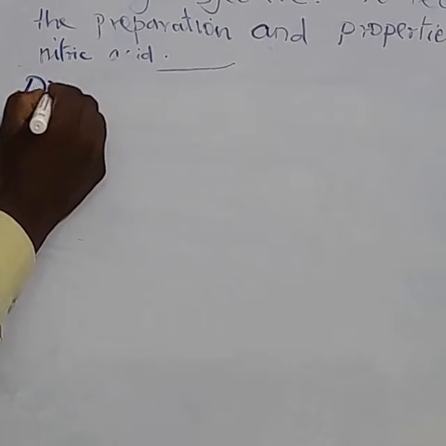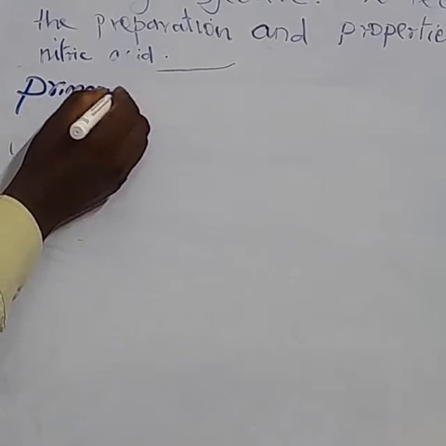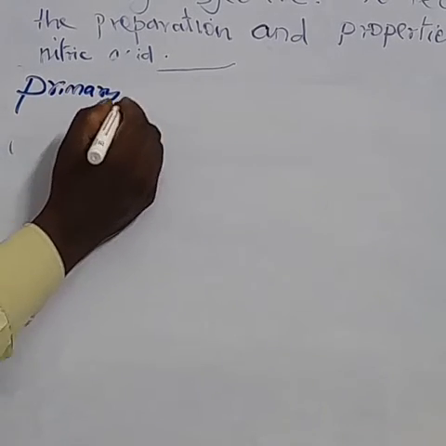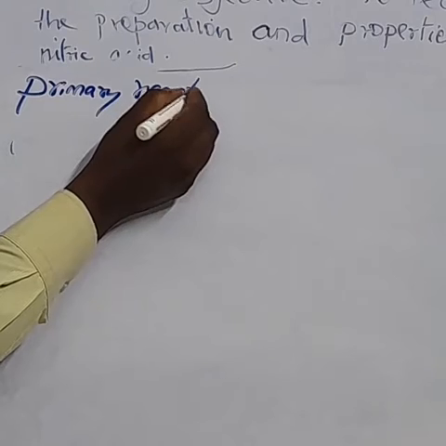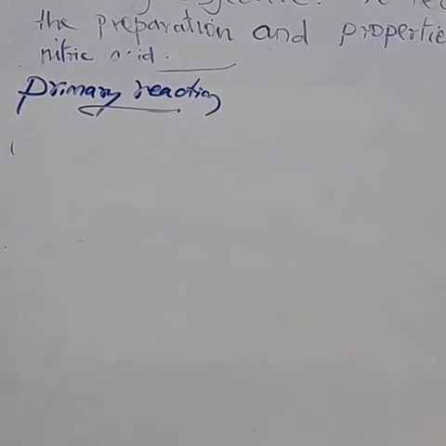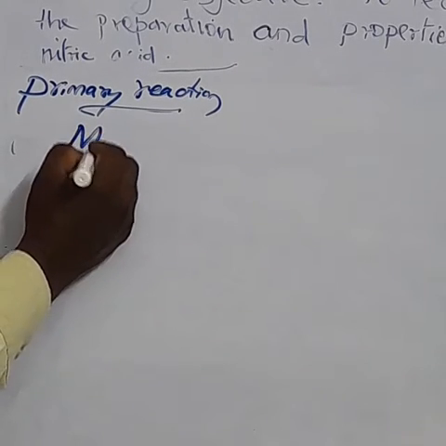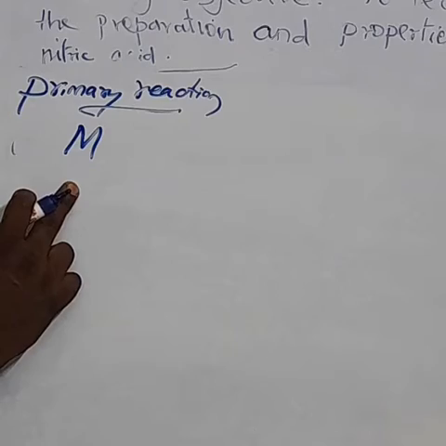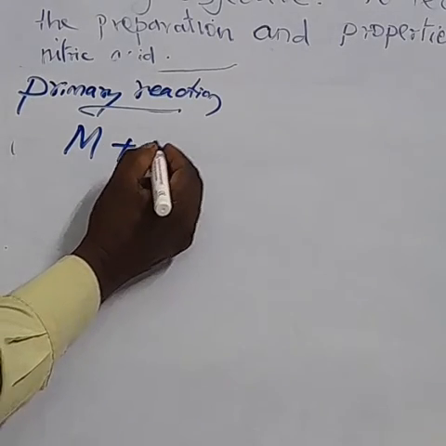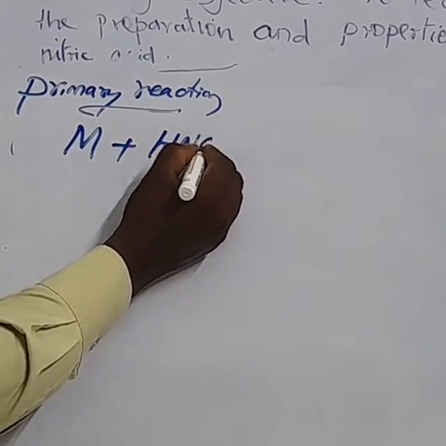The next one is the primary reaction. I told you that first the metal reacts with nitric acid. Metal, we are taking it as M. Metal M reacts with nitric acid, formula HNO3.